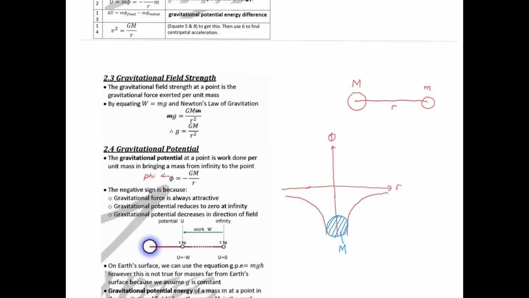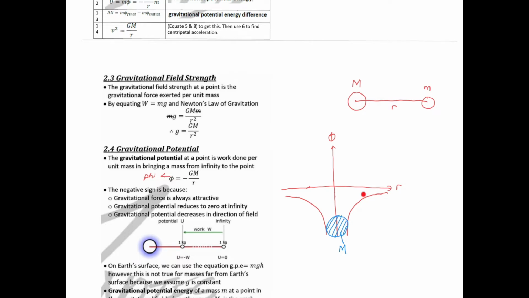This is the important point. The negative here means attractive force. The gravitational force is always attractive, so it is represented by a negative sign.